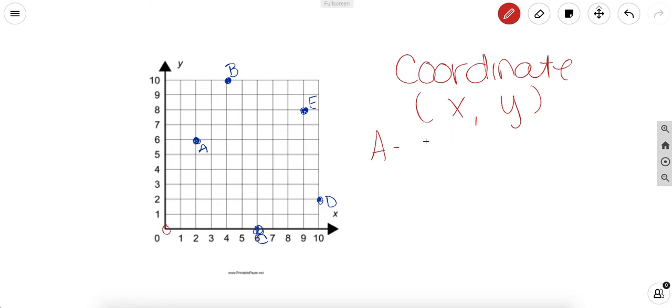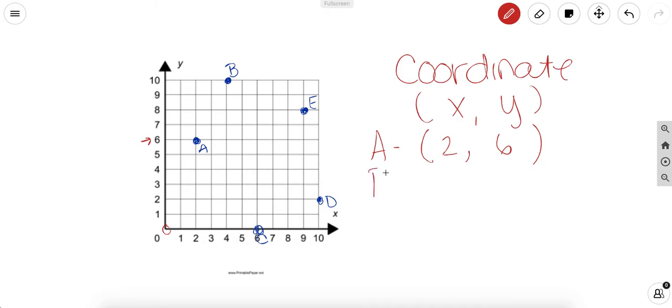So my X coordinate is 2. Now notice I wrote a parenthesis, 2, comma, because that's how we need to start writing coordinates. Then how many times do we have to go up for the Y? We count 1, 2, 3, 4, 5, 6, or we could have just noticed that if I look at my 6th line, we also hit it at the 6, okay? And we just wrote our first coordinate as 2, comma, 6.